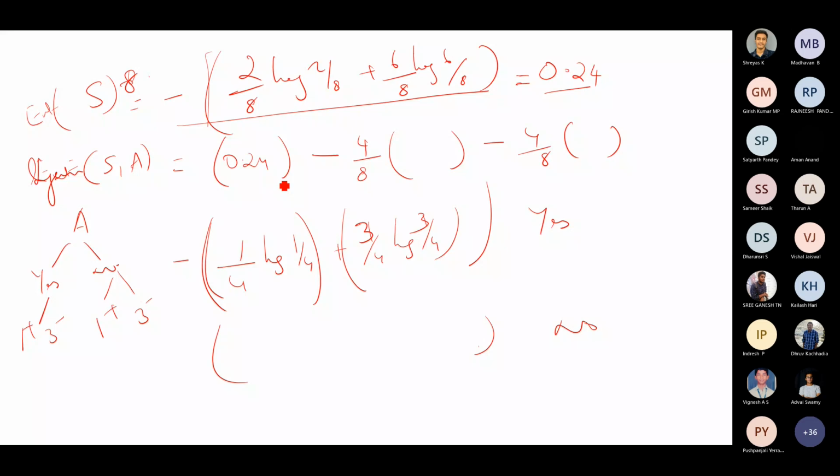How can it be? Because if you simplify the fractions, both are the same now. Yes and no will be same. So overall value of gain of S comma A will be minus 0.24. No, but somewhere we are going wrong. Is this value correct? 0.24. Yes, ma'am.